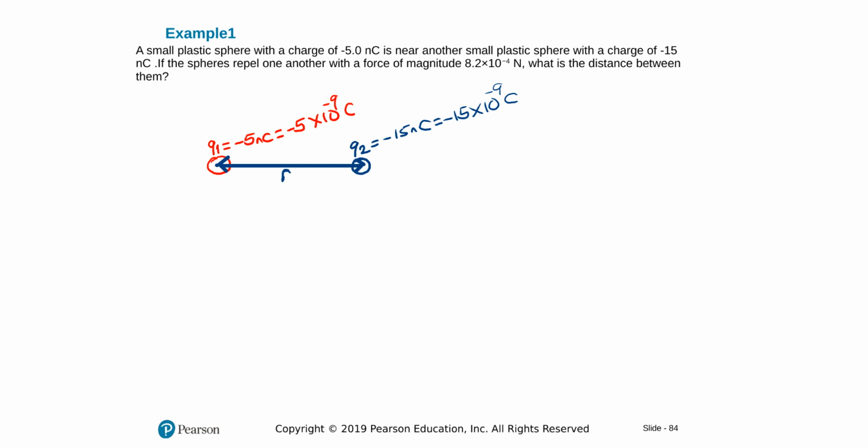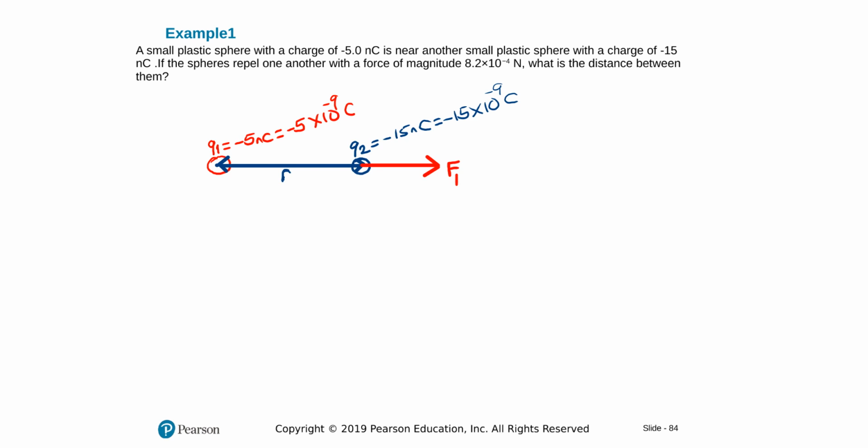I'm going to draw the force applied by the red charge Q1 to be F1. We're going to use this notation. If I look at the force applied by charge 1, Q1, I'm going to call that F1. That will be force on 2. And the force applied by Q2, I'm going to call F2.